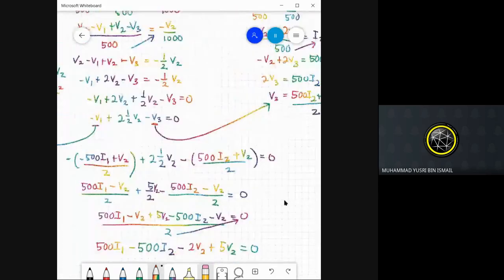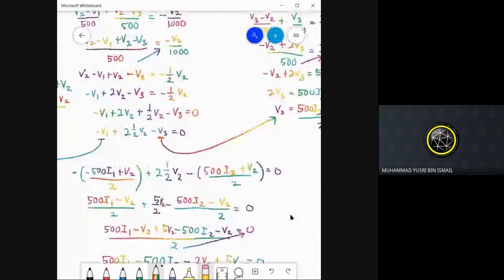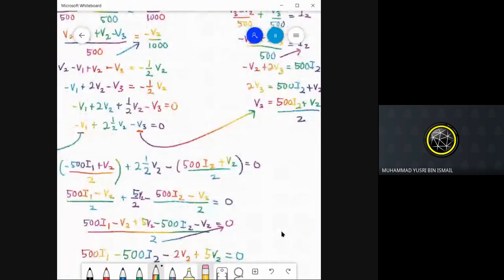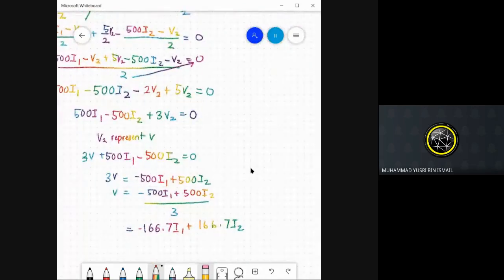Okay. That is the answer. Okay. I hope you can understand this part. I will go to the second example. Second example.